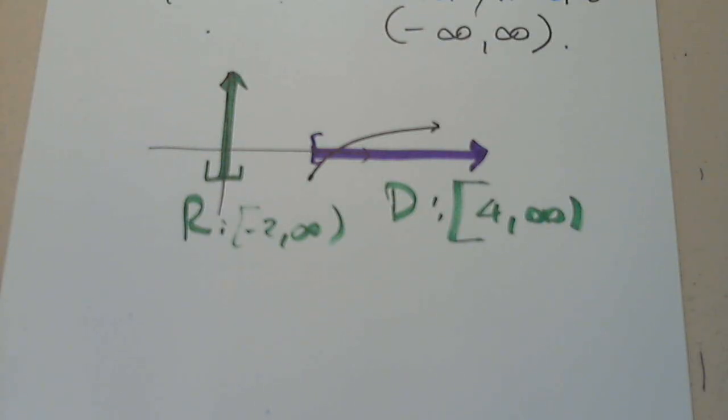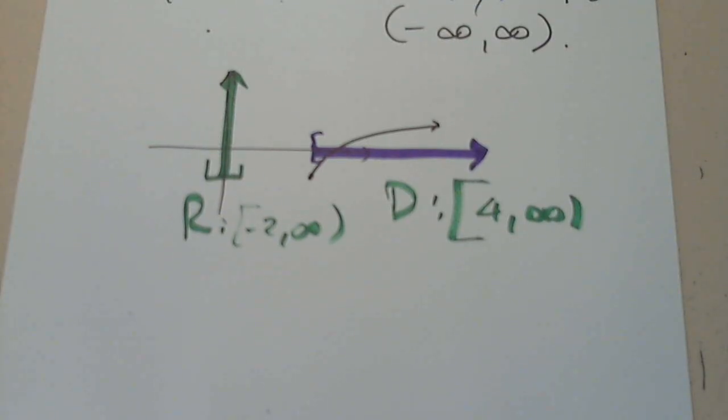Good. So a closed dot, like a solid dot, means equal. Yes, and means bracket. Yeah, I think this is a good one.